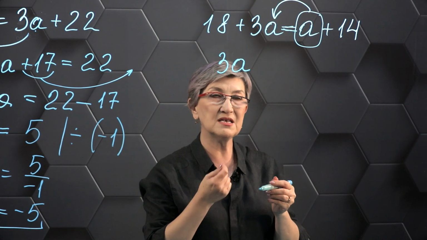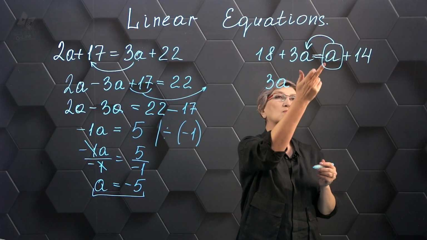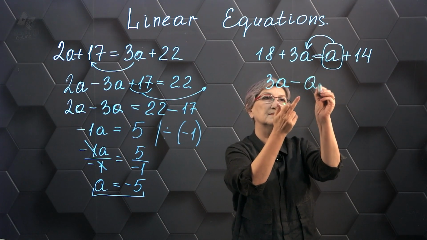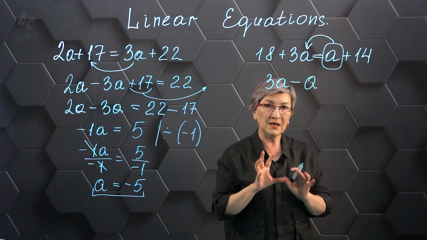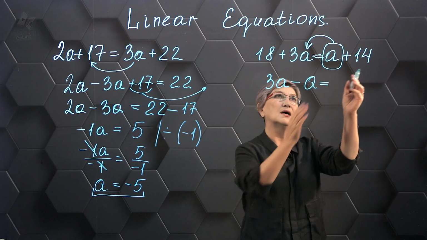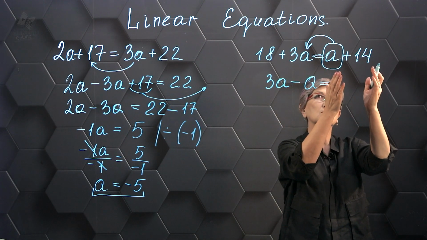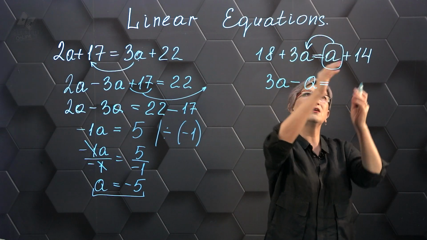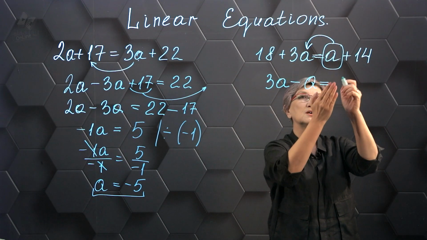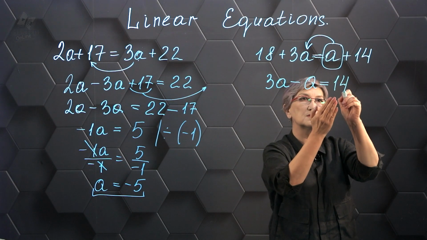We're moving it with the opposite sign. I had a plus sign, I'm carrying over a minus a. The variables, I'm done, I'm writing an equal sign. Now I'm working on the right side. If we moved a to the left side, we have the number 14 left on the right side.